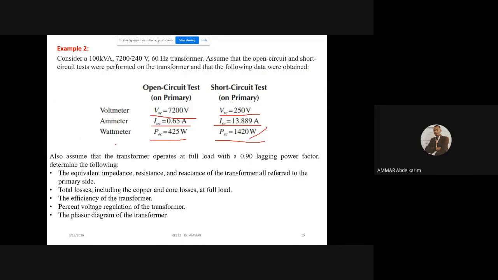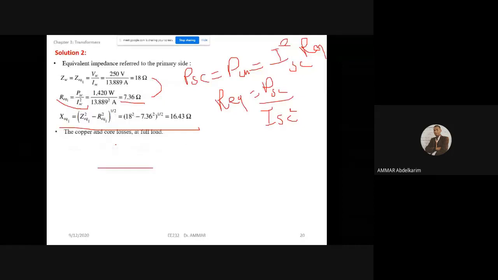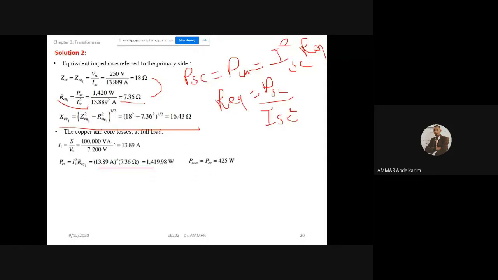Before passing to this, the short circuit current. Okay. What does it mean here when they said full load? When they said full load, it means that we use the rated values. So the current reaches its rated value when the transformer operates in full load.